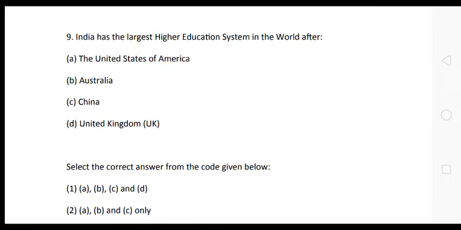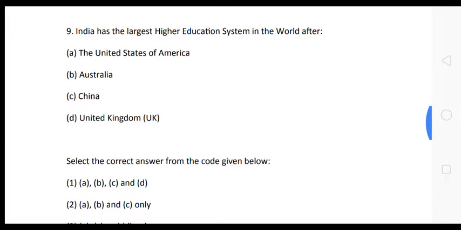Next question is, India has the largest higher education system in the world after. The correct answer is option 1 and 3.